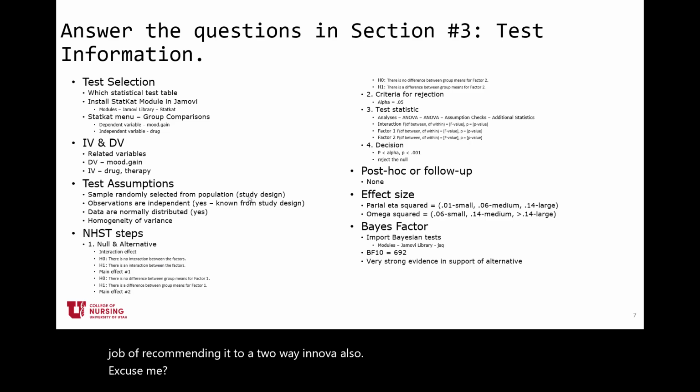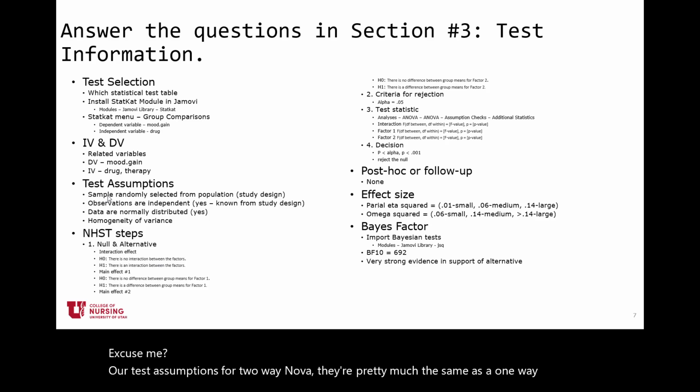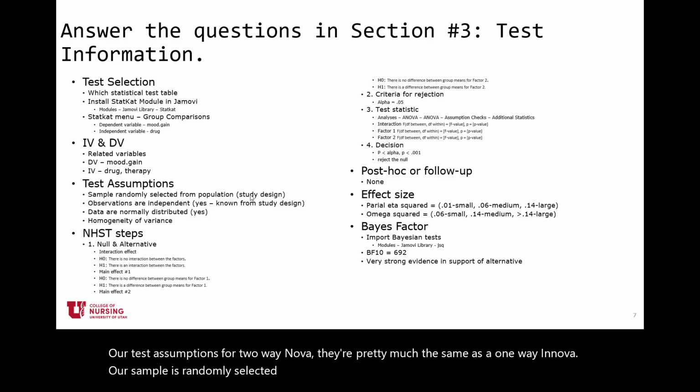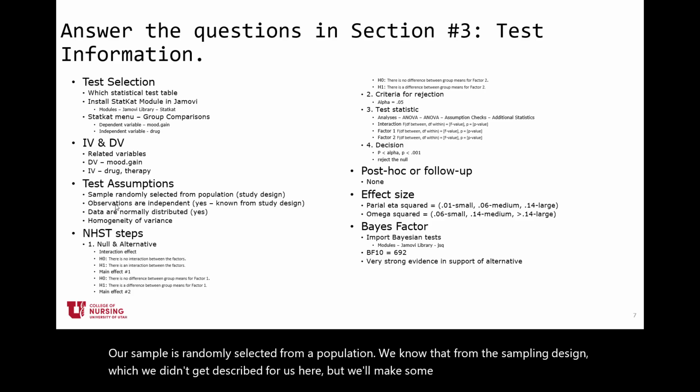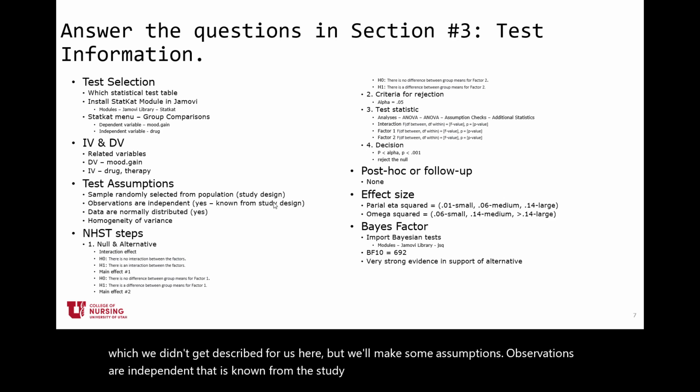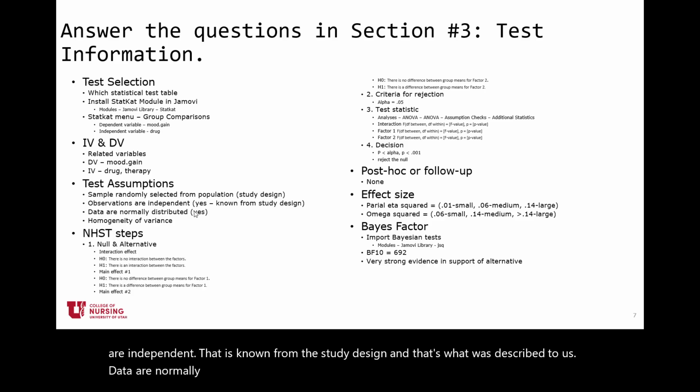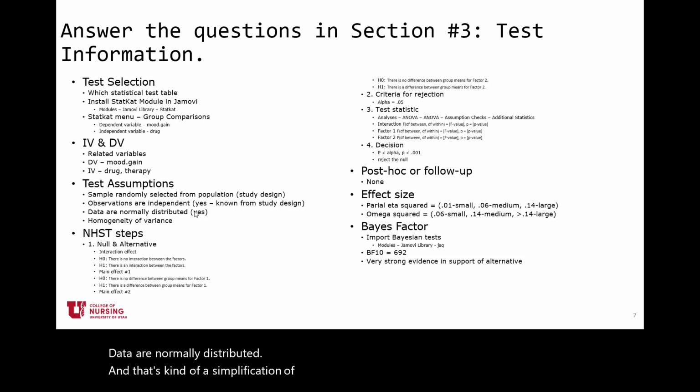Our test assumptions for a two-way ANOVA are pretty much the same as a one-way ANOVA. Our sample is randomly selected from a population. We know that from the sampling design, which we didn't get described for us here, but we'll make some assumptions. Observations are independent. That is known from the study design, and that's what was described to us. Data are normally distributed, and that's kind of a simplification of the assumption.